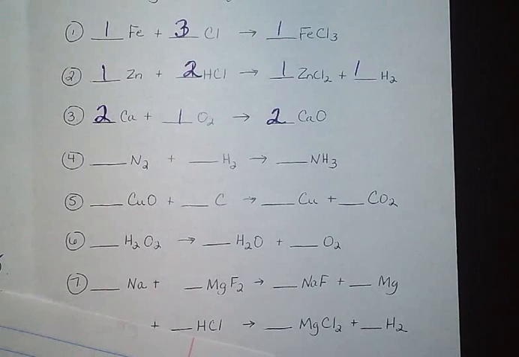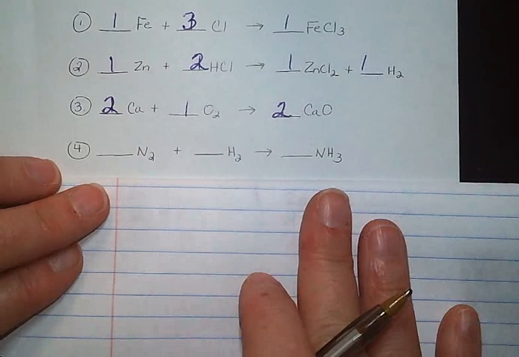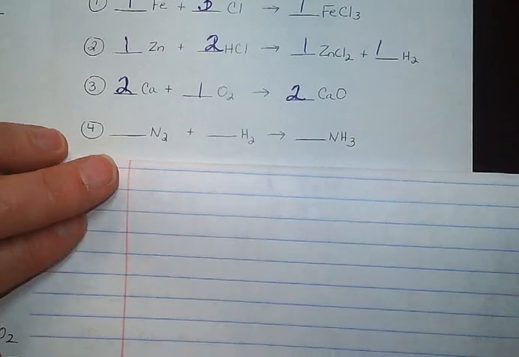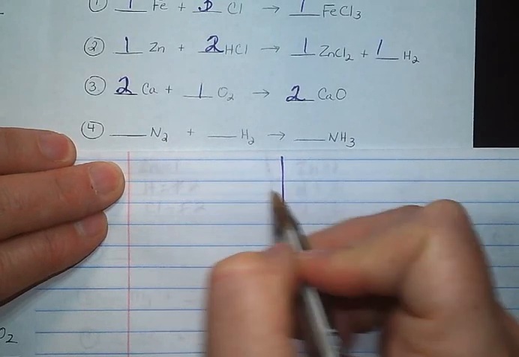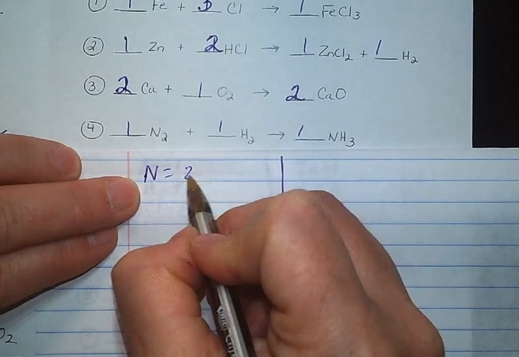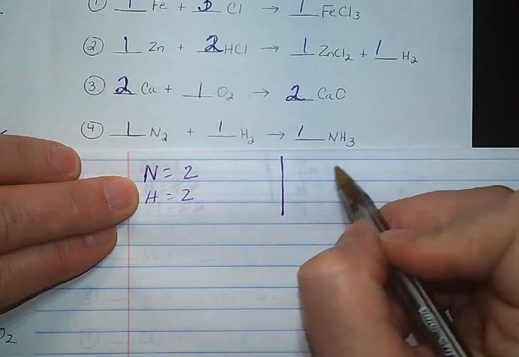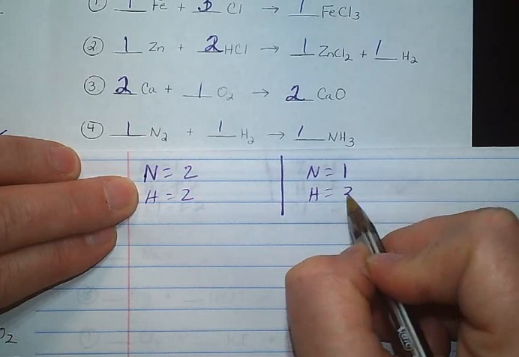Number 4, I have nitrogen and hydrogen giving me nitrogen trihydride. So nitrogen on this side, if I do a 1 here, I have 2 nitrogens, I have 2 hydrogens, and on this side I have 1 nitrogen and I have 3 hydrogens.